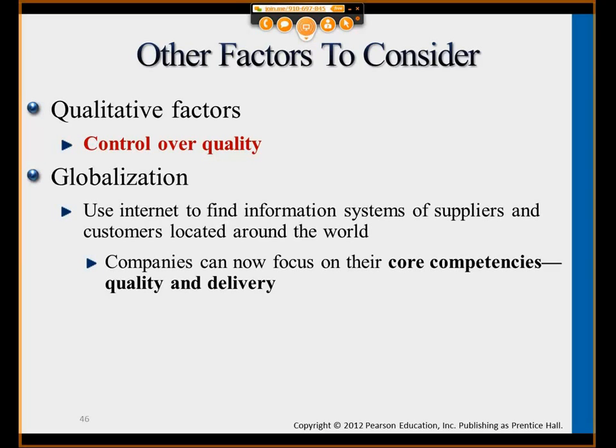Another factor is globalization, when we use the internet to find information systems of suppliers and customers located all over the world. That gives us some advantage. Companies can now focus on core competencies such as quality and delivery.